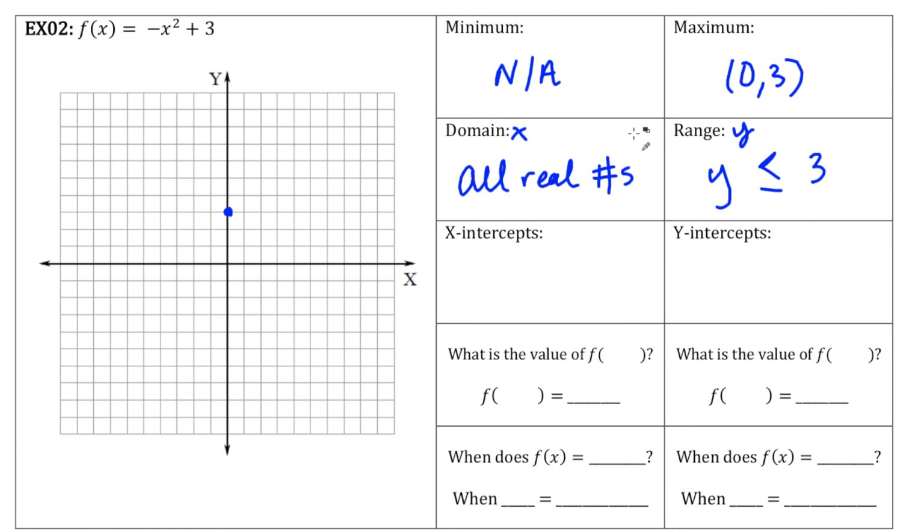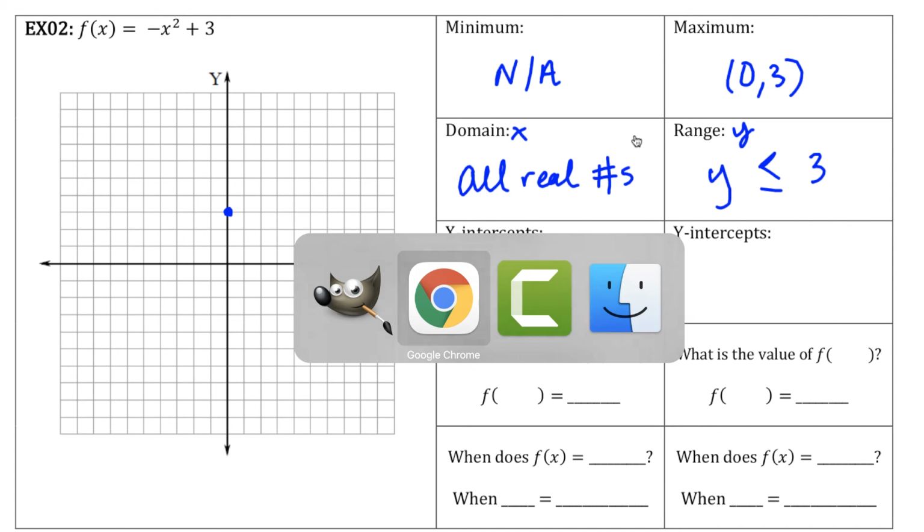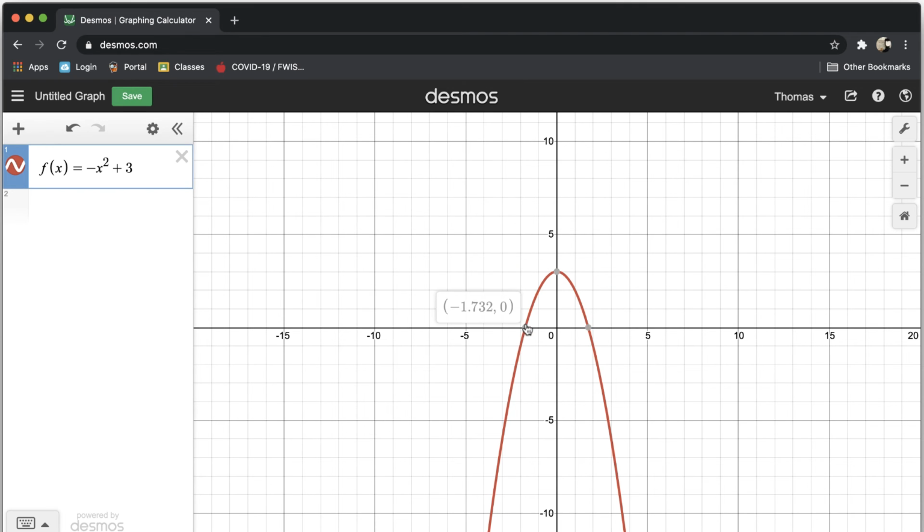Okay, x-intercepts. Let's see where it crosses the x-axis. It actually crosses at 2 spots. Negative 1.732, comma 0.